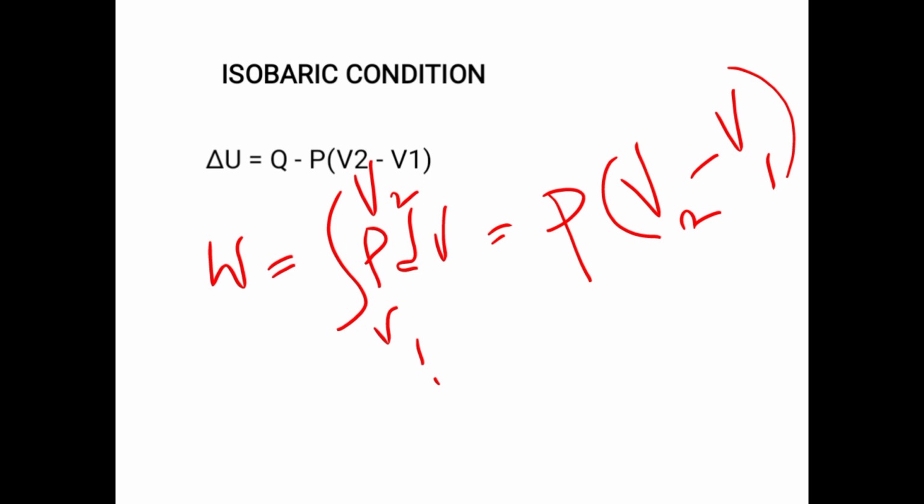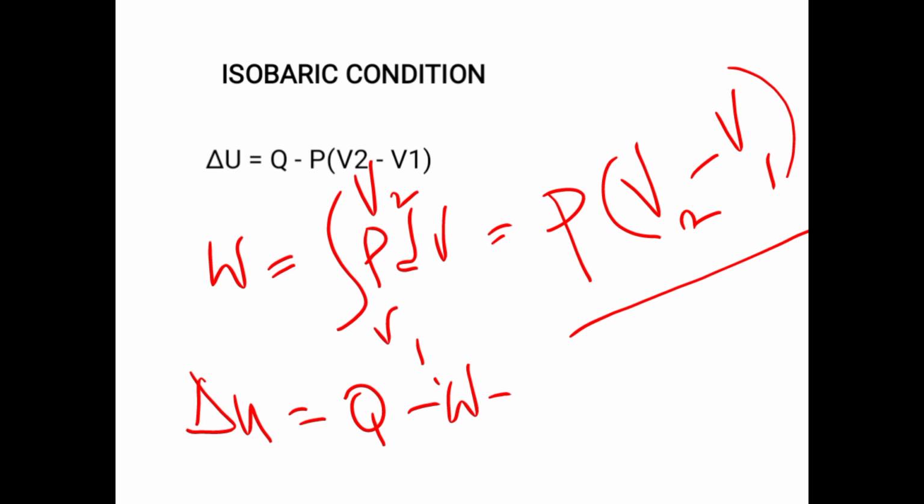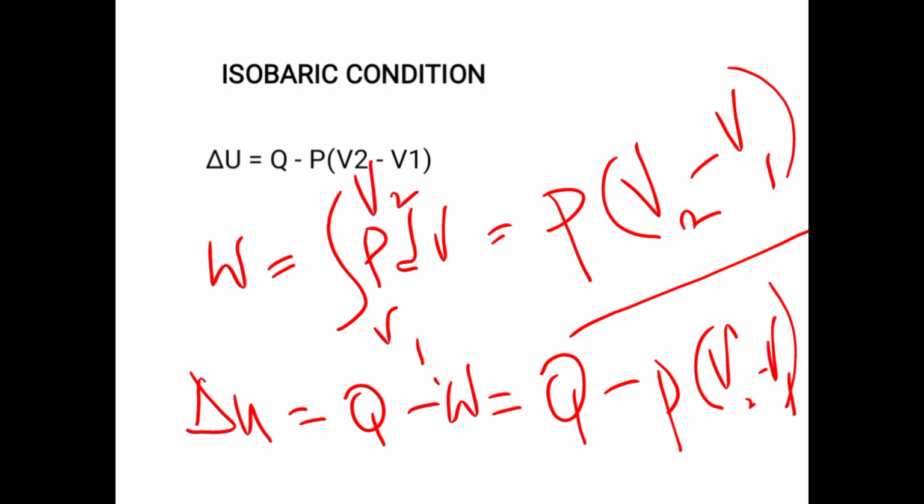So that means the work done in an isobaric condition is pressure times change in volume. And so since the internal energy change is equal to heat minus work, we can simply say it is equal to heat minus P into V2 minus V1. Which is exactly what we have here.